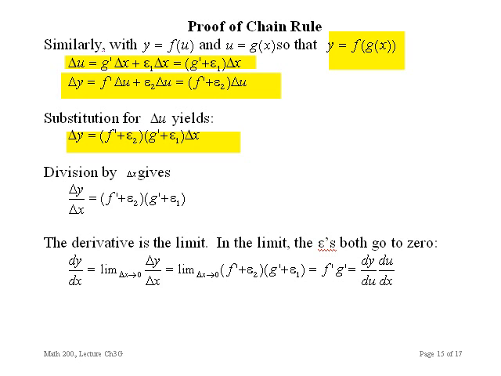Now if I divide by delta x, I get dy over dx, which looks like the slope along the secant line, equals the derivative of f plus the error, times the derivative of g plus the error. If I take the limit, epsilon 2 and epsilon 1 go away because those were the difference between the secant lines and the tangent line, and there you get it. F prime times g prime, or dy du times du dx, and that's the chain rule.